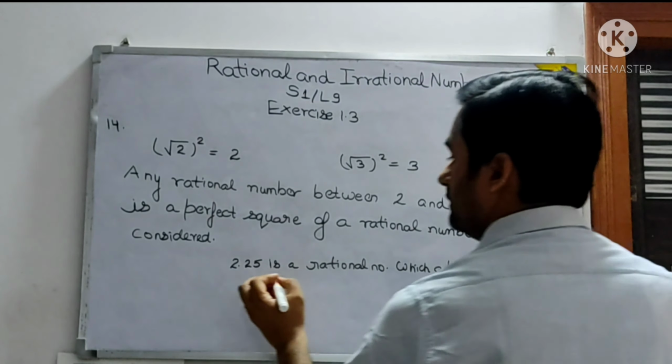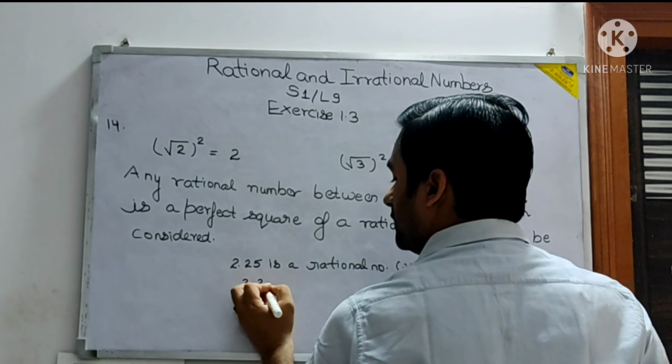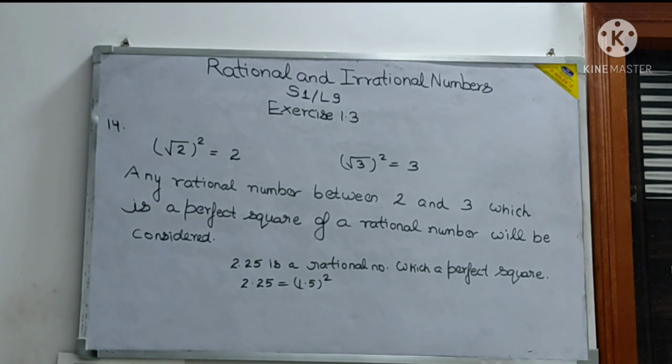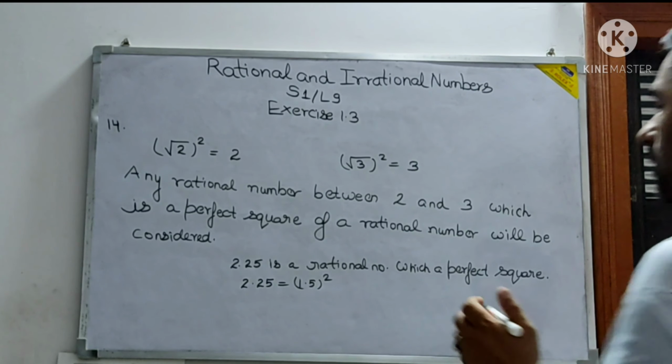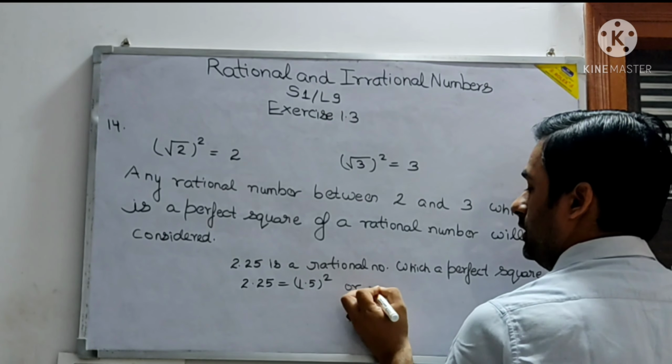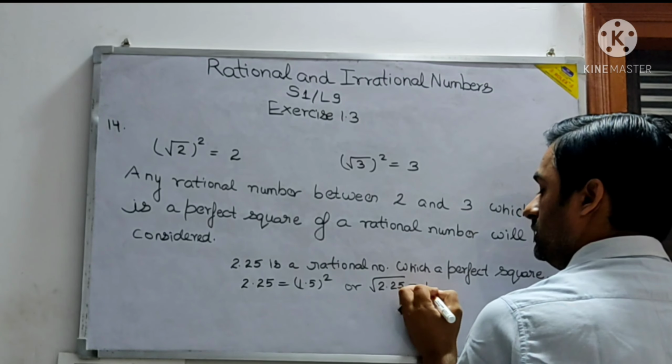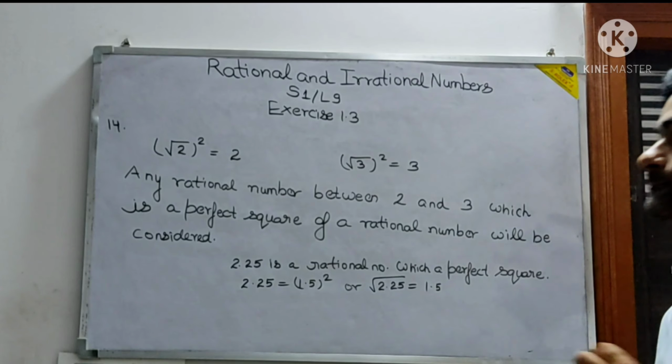So you can write here 2.25 equal to 1.5 squared. Yes or no? Or under root of 2.25 is equal to 1.5.